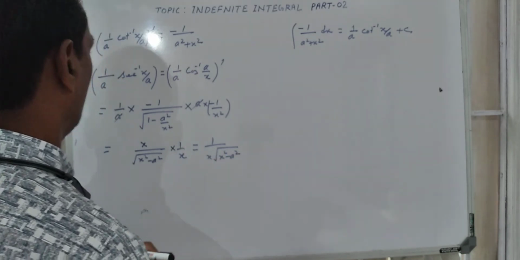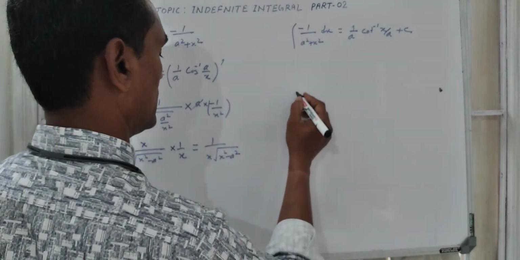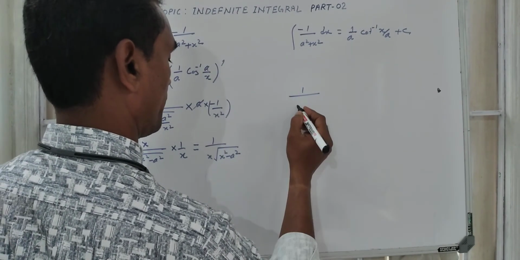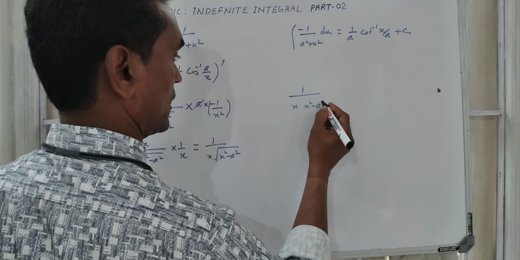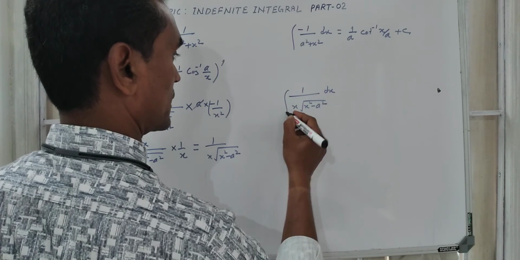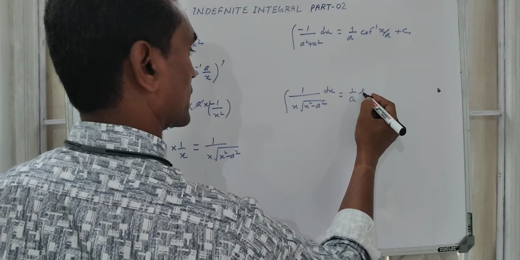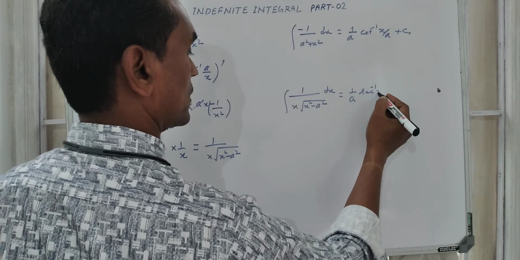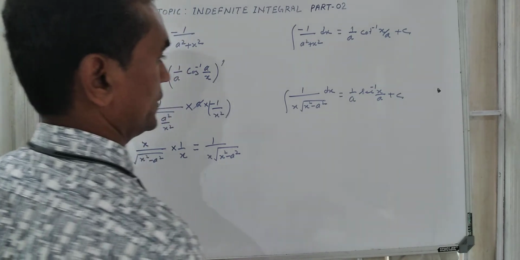So the integral of 1 by x into the square root of x square minus a square with respect to x is 1 by a sec inverse x by a plus c.